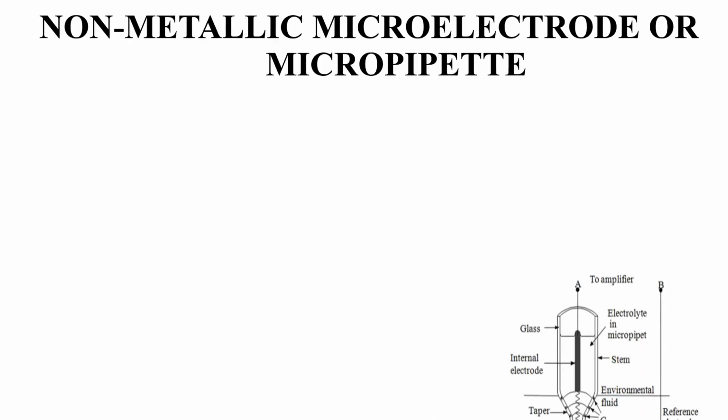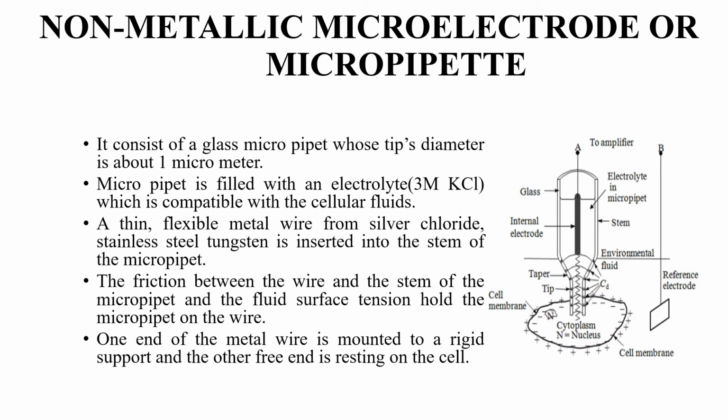Next we will see the non-metallic microelectrode or micropipette. A micropipette electrode is prepared by first filling a glass tube with a metal that has a melting point near the softening point of the glass. Here the glass not only provides mechanical support but also serves as the insulation.